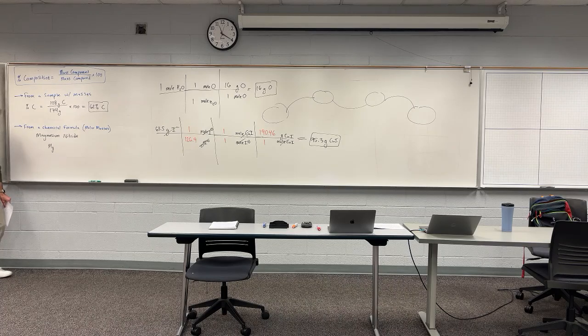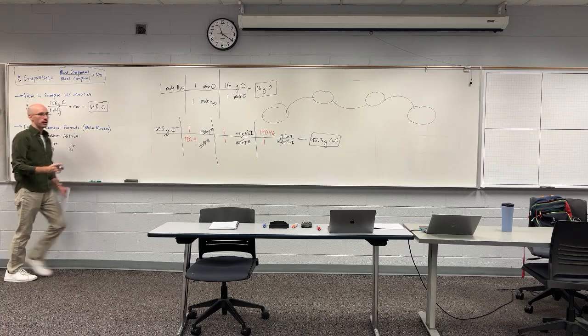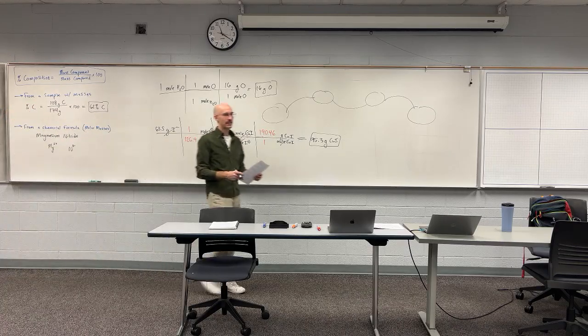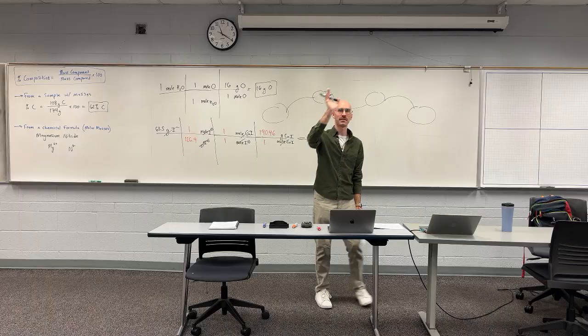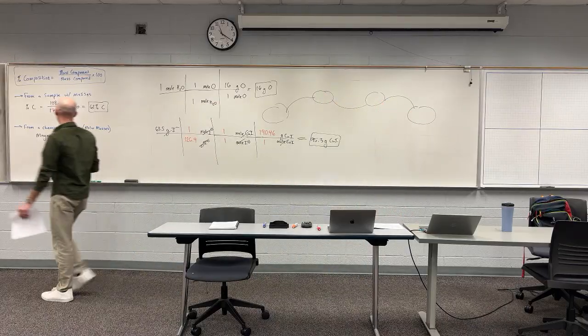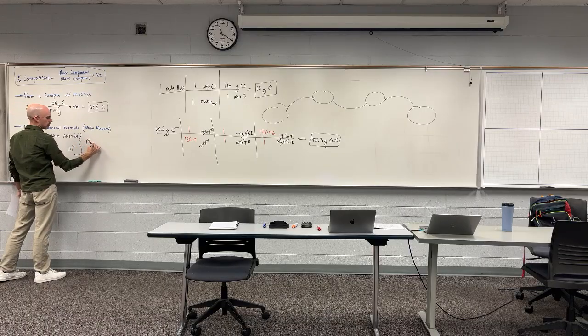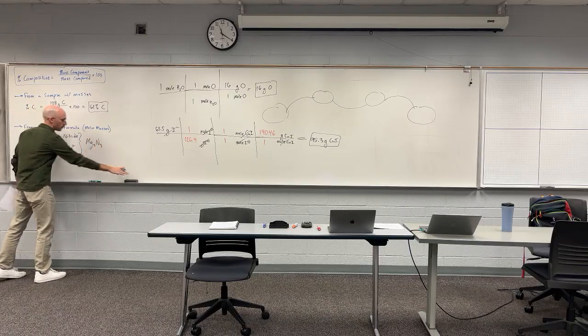Group 2 elements, magnesium 2+. What is the ionic charge of nitride? N3-. Because nitrogen is a group 5 element, so to get 8 electrons, 1, 2, 3 more. What's the chemical formula? Mg3N2. Oops.